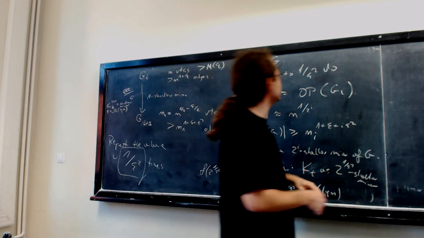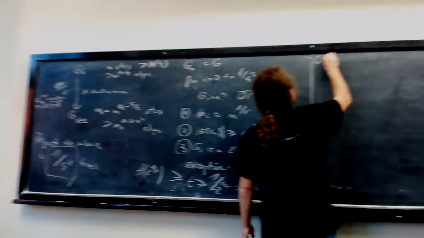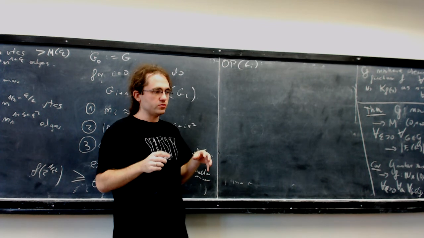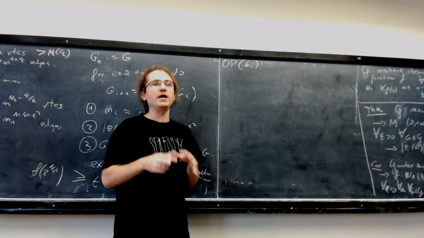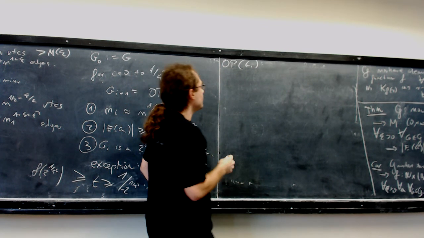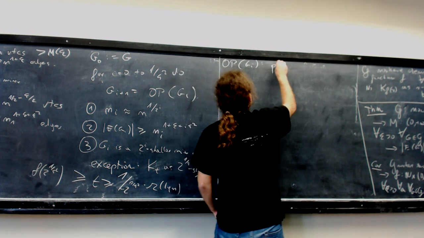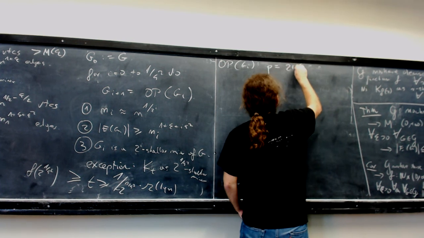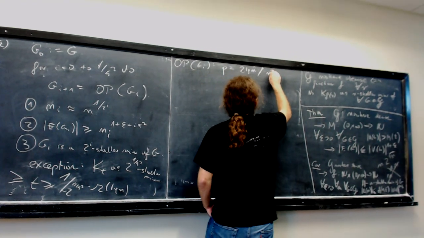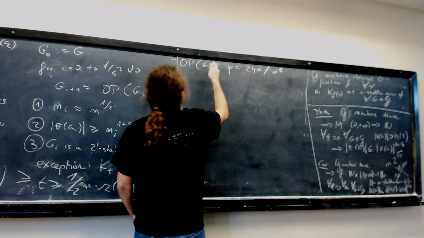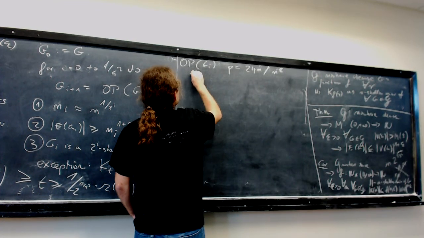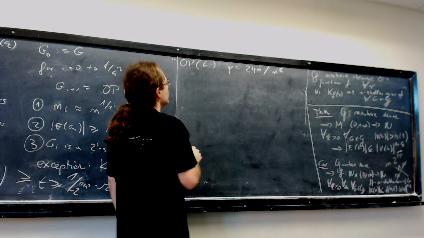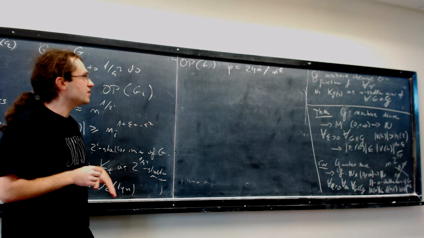So the procedure is as follows. Let's define the operation on G. The new vertex set will be just a random set of vertices. I fix a probability p, and my probability will be 2 log n over n to epsilon. If G is the input graph, you can think of the first iteration.